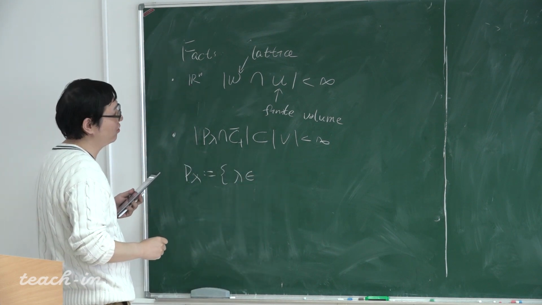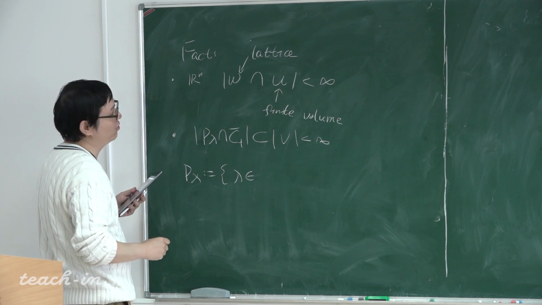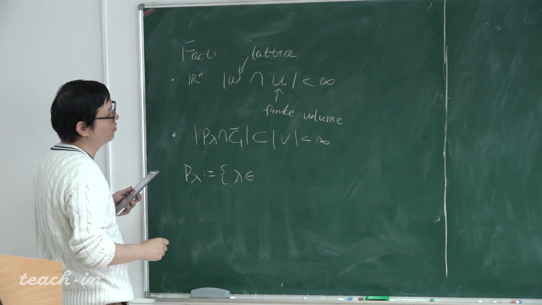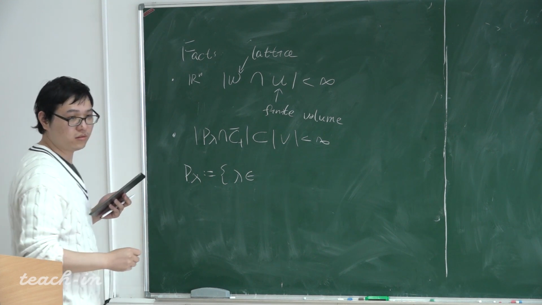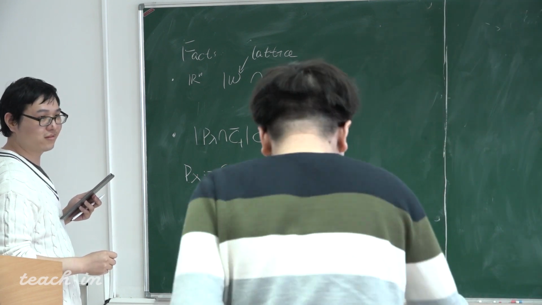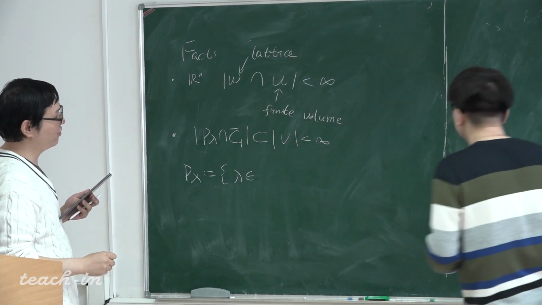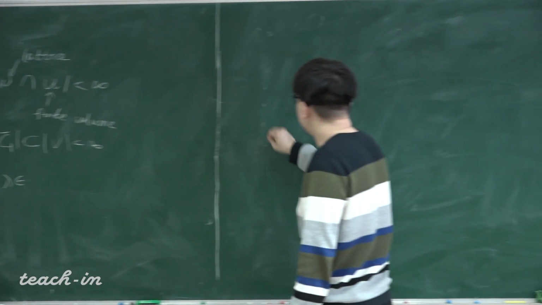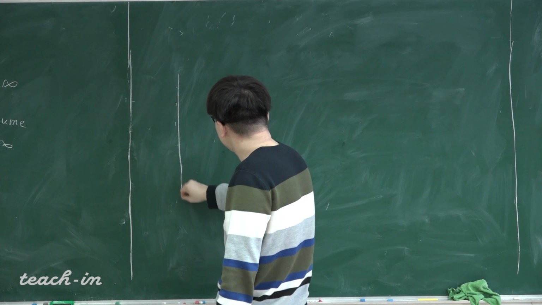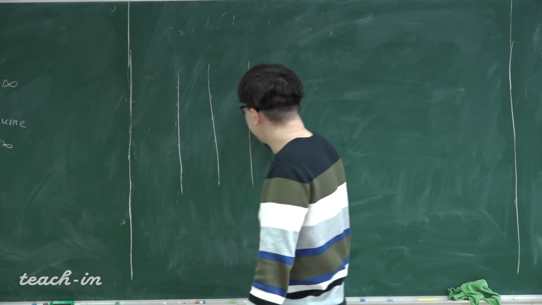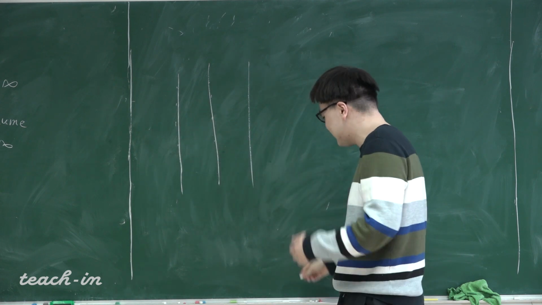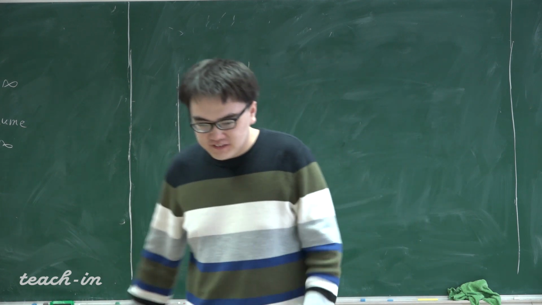In the first fact, we need some more requirement for this finite volume thing, maybe. Should be compact, right? Yes, or the open set. Or compact. If we have a lattice and we just take the line, and the line has no volume.